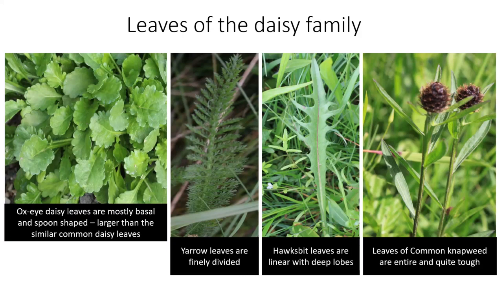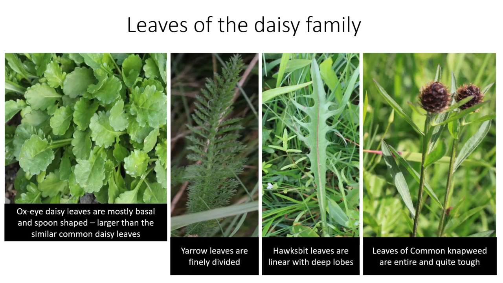Here we've got autumn hawkbit leaves, hawkbit being one of the groupings that the daisy family have. They have lovely yellow flowers coming off them, but you can look down and you can see that it's got kind of long wings or long lobes that come out from the leaf. And then here on the right hand side we have the leaves of the common knapweed. So they're very linear, quite tough, and they don't have any lobes or any divisions on them.